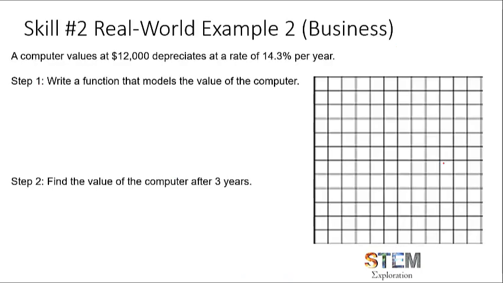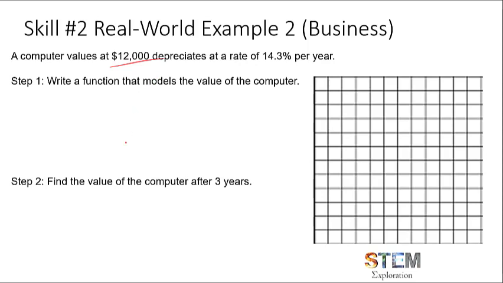So another example that I want to go over is a business example, a specific situation that you might find pretty relevant as well. This is a depreciation example. Here I have a situation where you have a $12,000 computer at the time of purchase, and it depreciates at a rate of 14.3% per year.